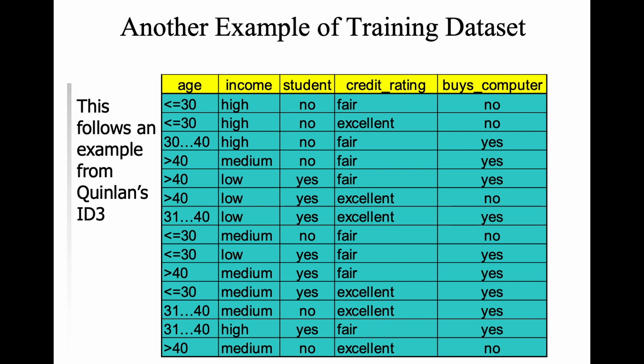So smaller than 30, or between 30 and 40, and then greater than 40. So this is for the age. What could be the nodes of a tree here? If you have this table, what could be the nodes in your tree?